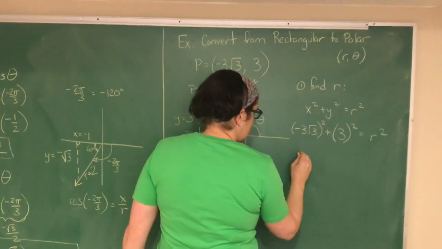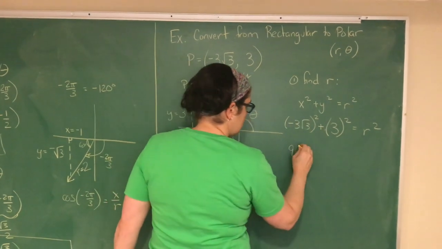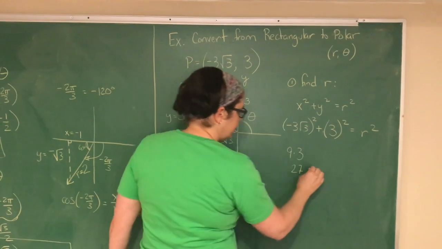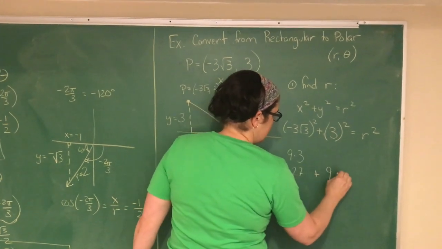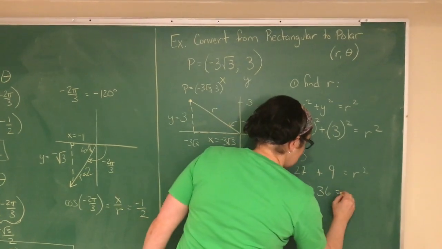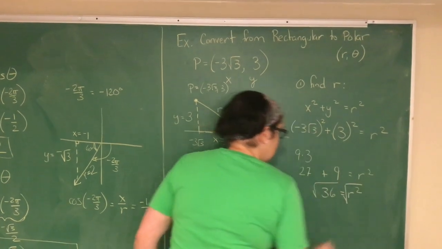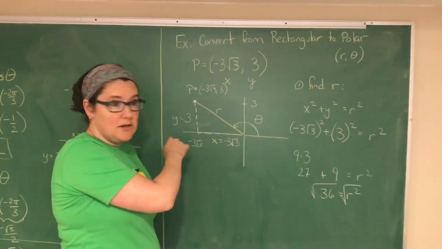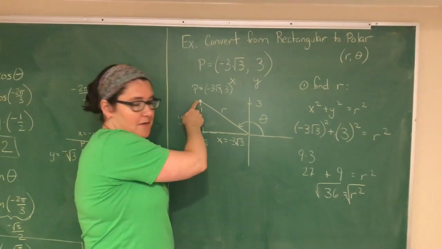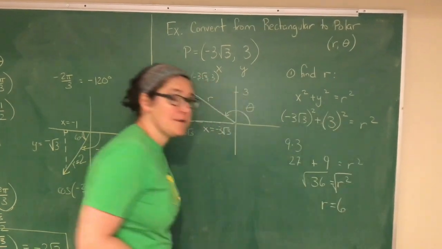The 3, when I square that, I have 9. Square root of 3 squared is 3. So I have 9 times 3, which is 27. 3 squared is 9. So I have 27 plus 9 is 36 equals r squared. I take the square root of both sides. Our r value, we're going to be pointing toward this point, so that r value is going to be positive, so I'm going to choose r to be 6.